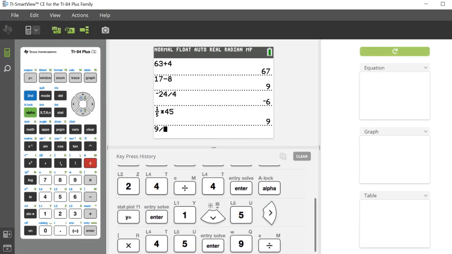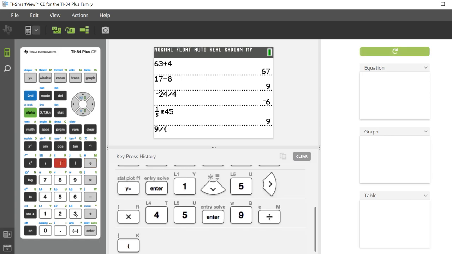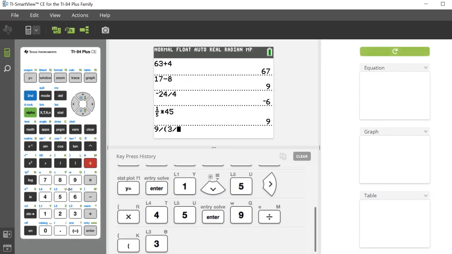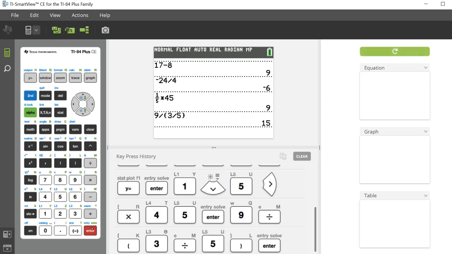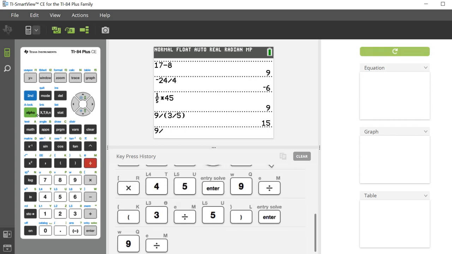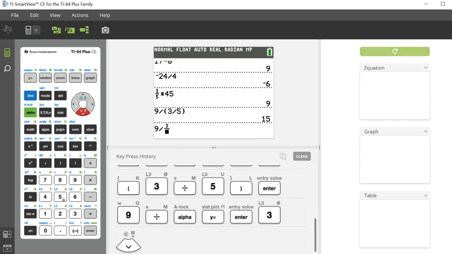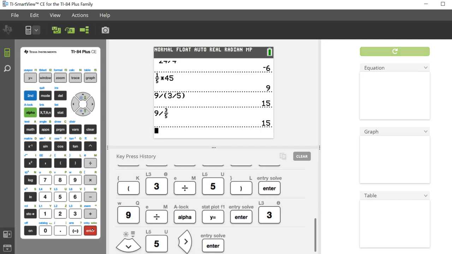Calculator says 9 divided by, here comes a fraction, 3/5 is 15. You might want to write it as 9 divided by the fraction 3/5. You still get 15.